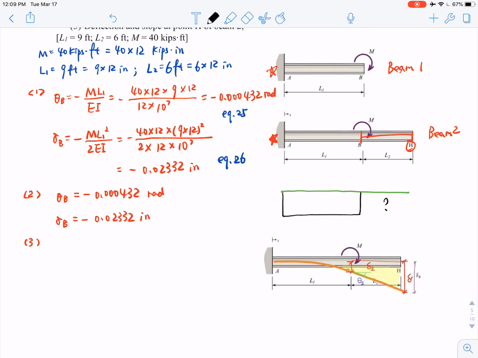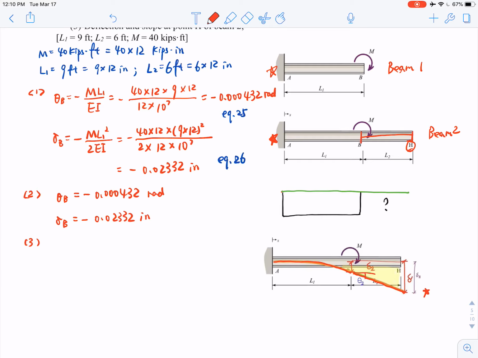So it's nothing on it. That means this section BH will not be bended. So after you add this bending moment M, section AB will be bended in this way, and the BH will keep a straight line here. This BH will still be a straight line section, and so you can calculate the slope, that is the angle, theta B or theta 2 as shown here.